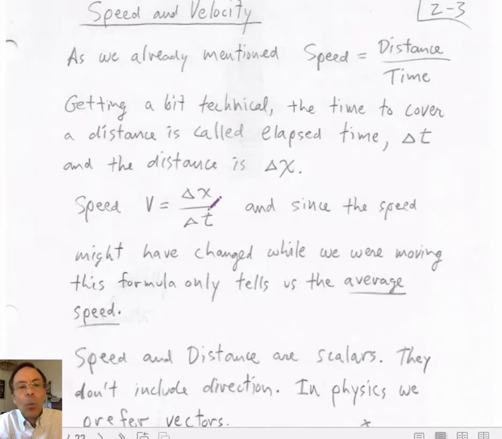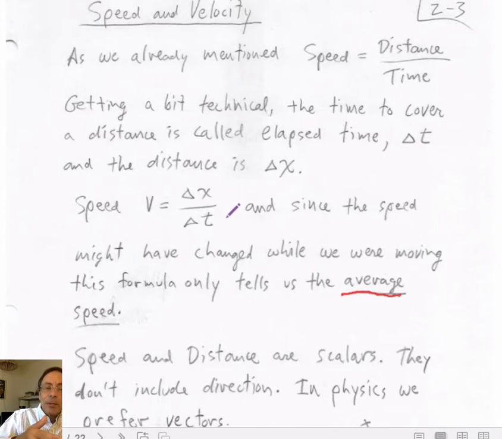Now, this is actually telling us the average speed, which means that we don't know much about what the speed was between the beginning time, the initial time, and the final time. It is possible that the speed was changing.